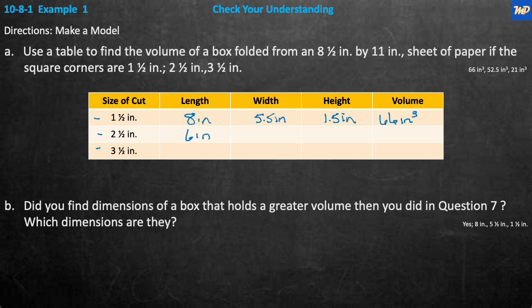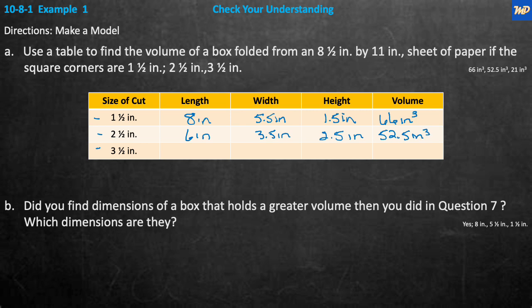The width, 8.5 minus 5 inches is 3.5 inches. And the height is now going to be 2.5 inches. And the volume is going to be 52.5 inches cubed.